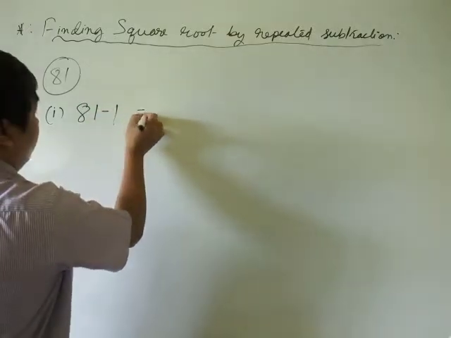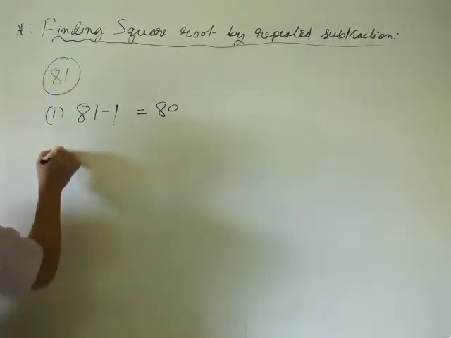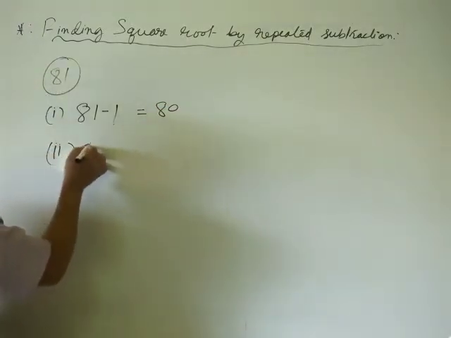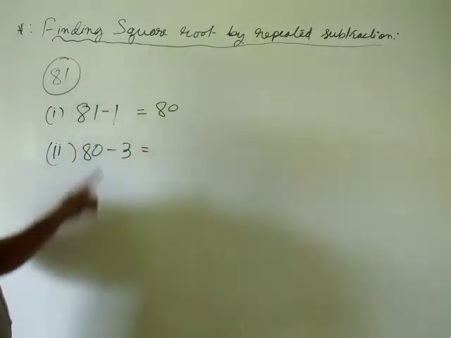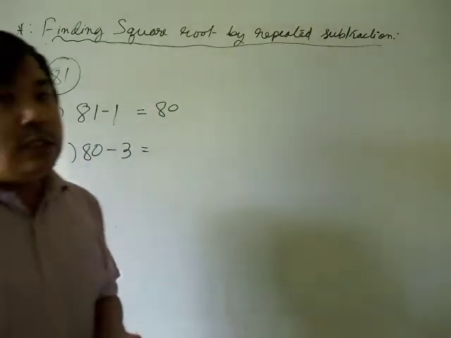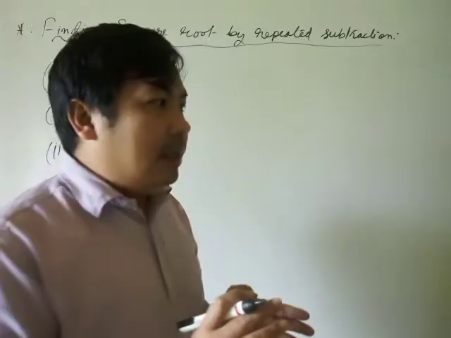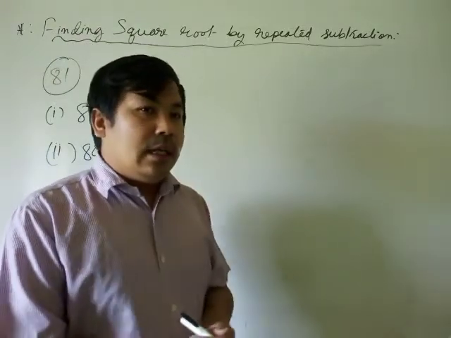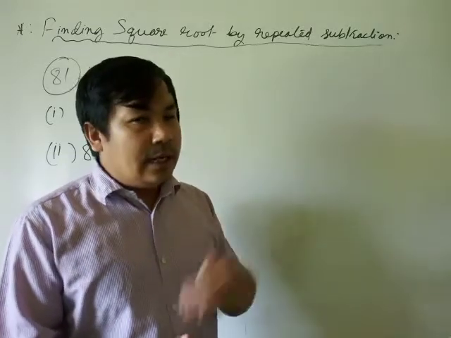How much do we have here? 80. Isn't it? Then second, we have 80 minus 3. What is to be subtracted is the very important thing: the consecutive odd numbers. You have to subtract again and again.